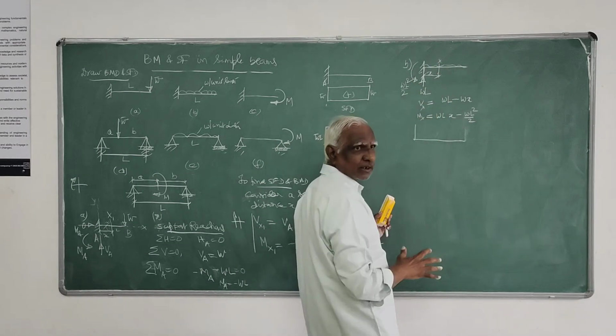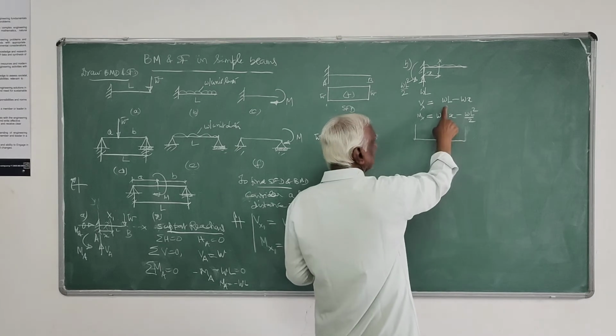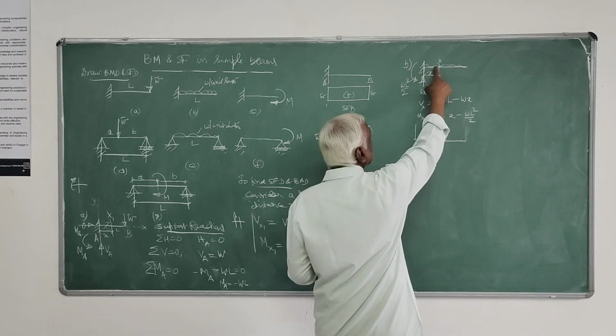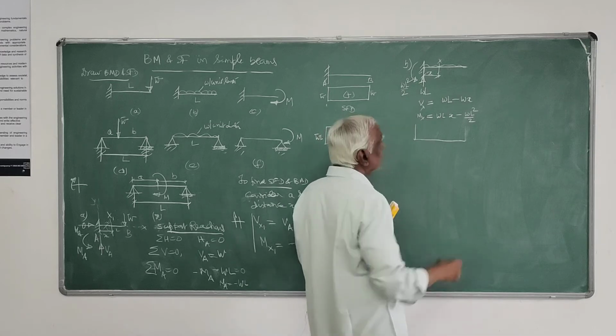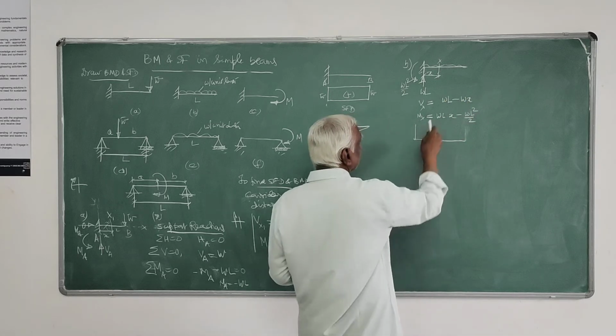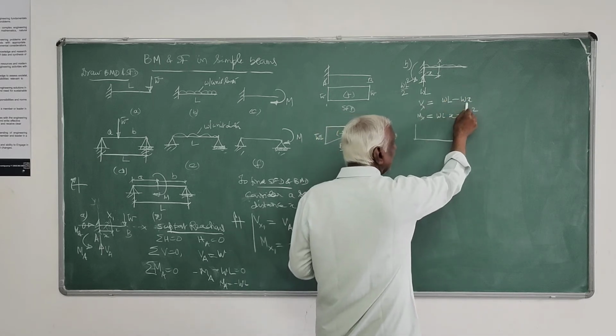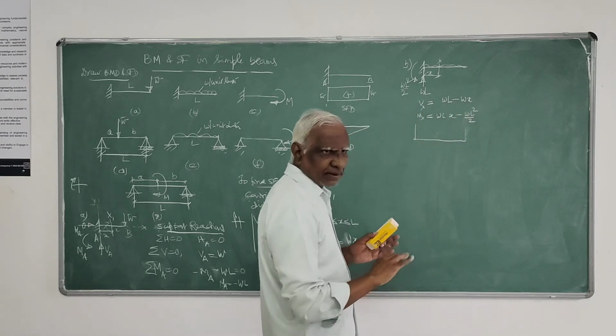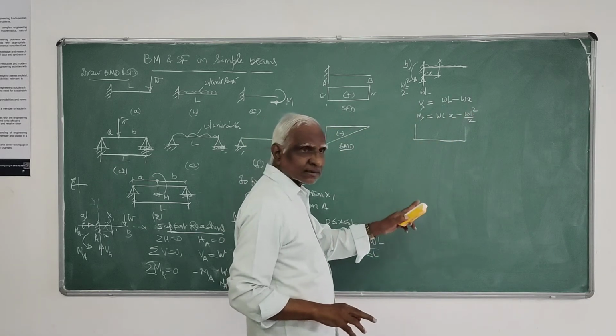This is one vertical load, the reaction also I have to take, that is WL positive. This is W into x, that is down. So this equation is of the form y equals mx plus c. So it is a straight line.